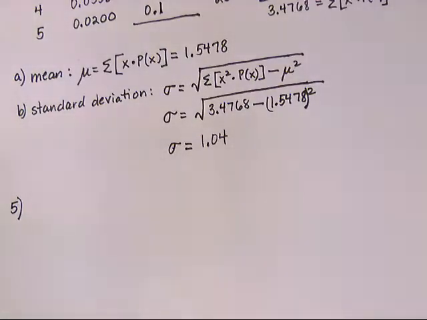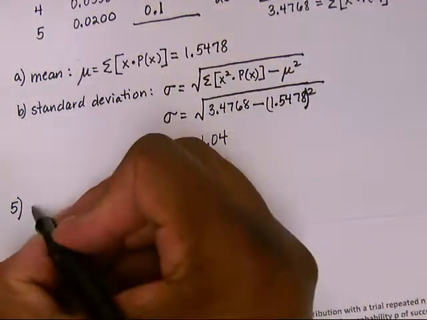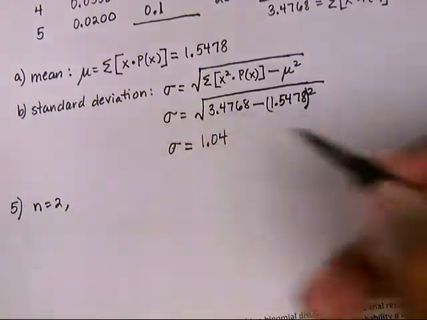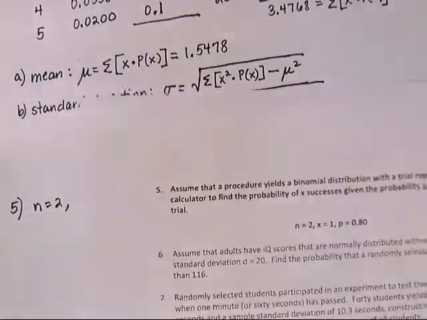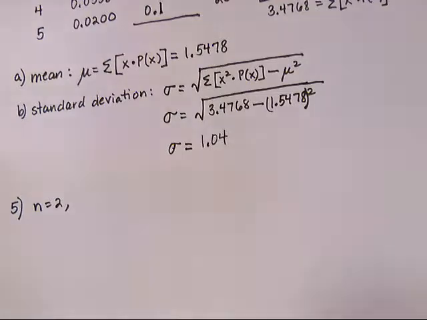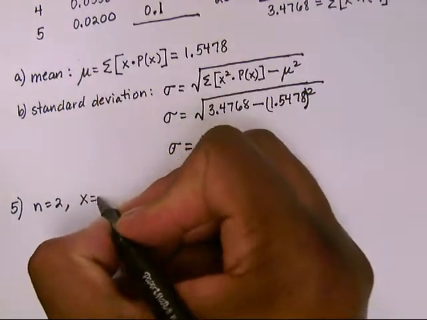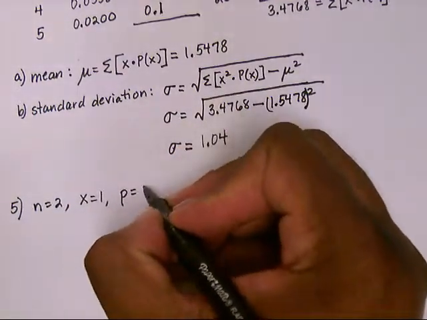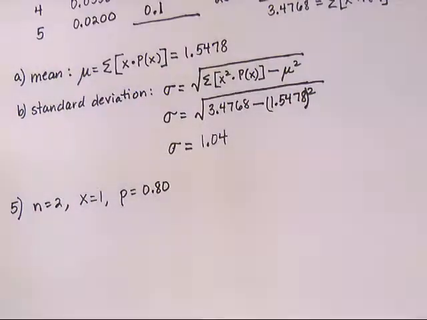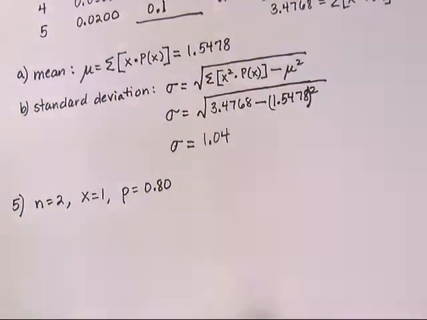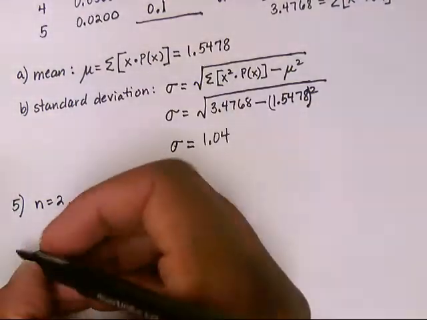Now here, you're told that n is 2, x is equal to 1, and p is 0.80. Now it yields a binomial distribution, so we have to use the binom PDF command.